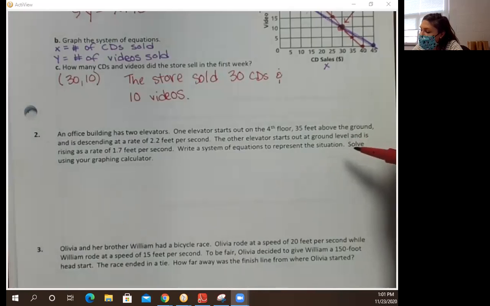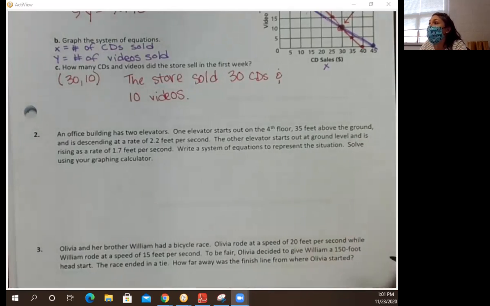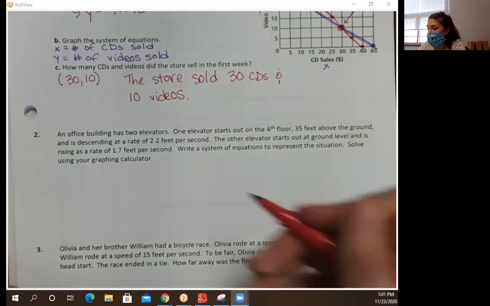Now, as I look at the information I'm given here, I'm given for each elevator its starting height, as well as the rate that it either rises or falls. Okay, so that means I'm given the information I would need to write slope-intercept form for each of these. So I'm going to write an equation for each elevator this time.